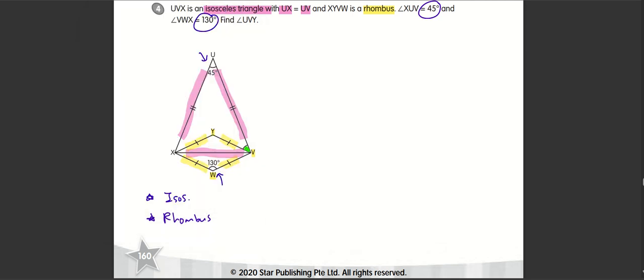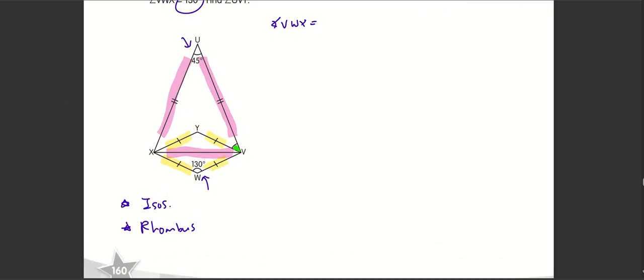Okay. So given this, I can use the first property, the rhombus property. You have the given angle VWX equals 130 degrees. That equals the angle of the opposite end, because that's the rhombus. So it's here. So this is also 130 degrees.